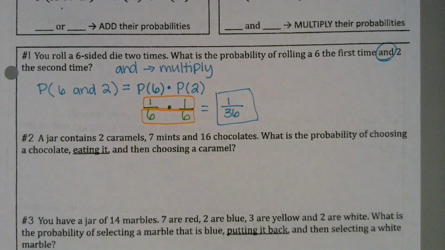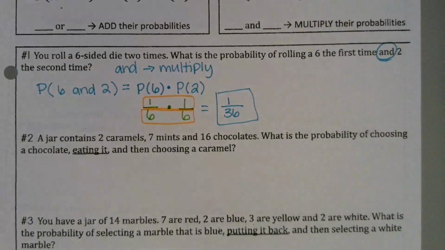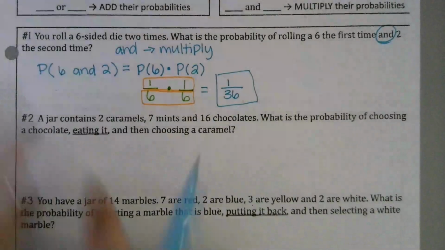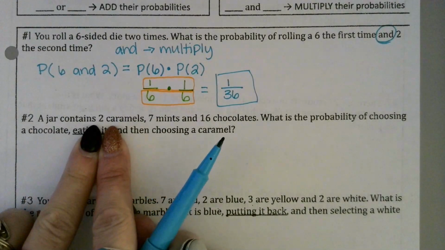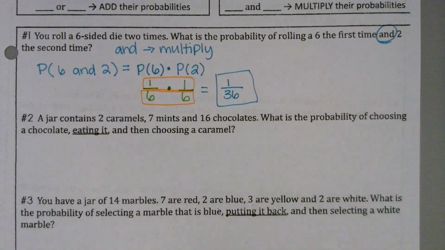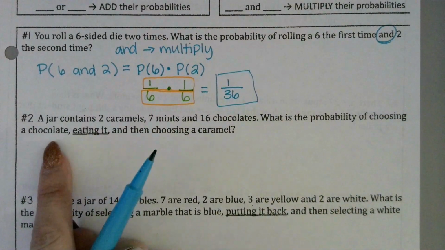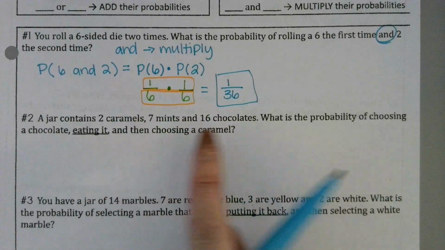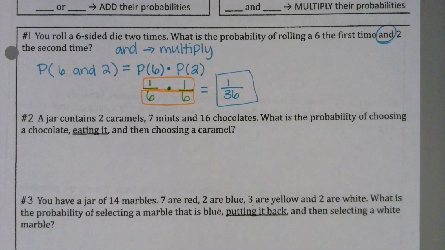Okay, next one. We have a jar that contains 2 caramels, 7 mints, and 16 chocolates. What is the probability of choosing a chocolate, eating it, and then choosing a caramel? We've got a couple things happening here. First of all, what's my word? And.